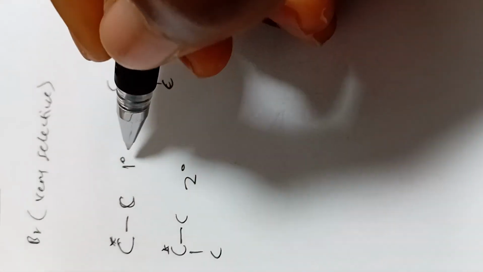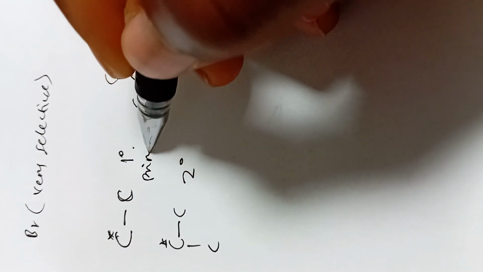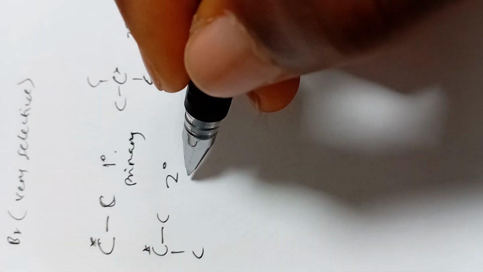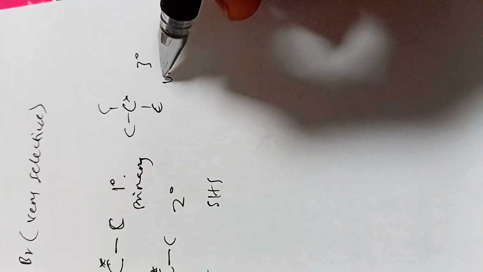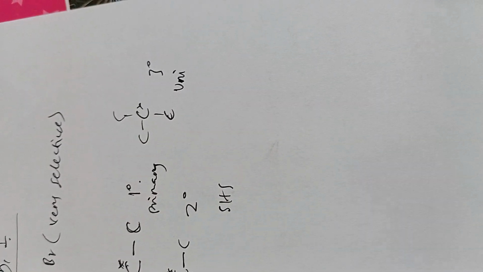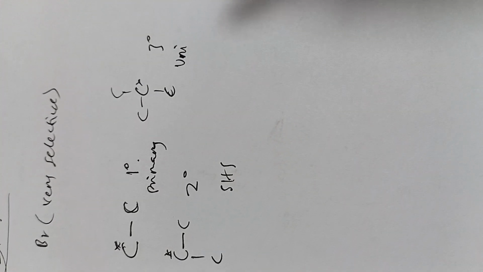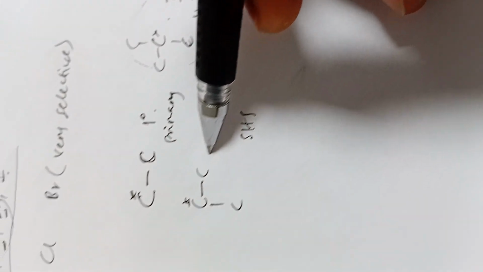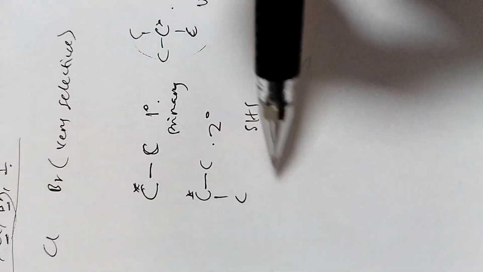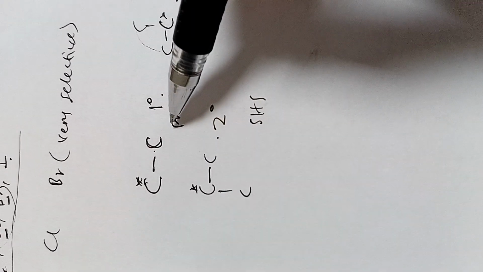So consider this. This is somebody in primary school. This is somebody in, let's say, SHS. This is somebody in uni. So as you compare, the one who is at a higher level is more stable. So the tertiary carbon is more stable than the secondary carbon, which is also more stable than the primary carbon.